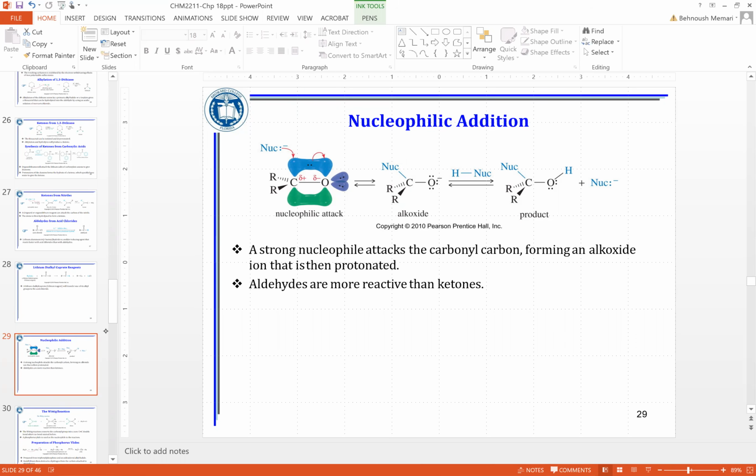Make sure you know what's the reactant, what's the reagent, what is the product, because it's very important to learn how to prepare aldehydes and ketones. Preparing aldehydes and ketones can actually act as a reaction for alcohols, or for carboxylic acid or acid derivatives.